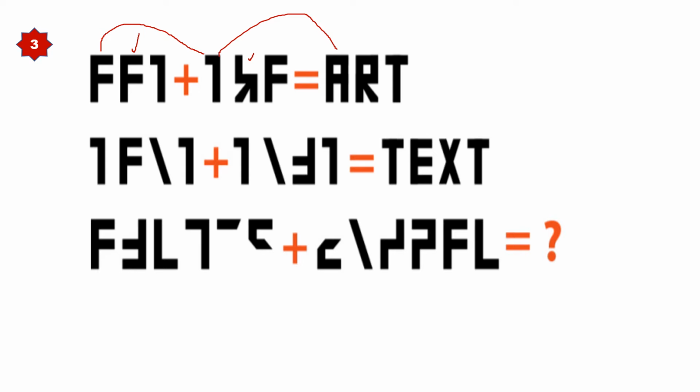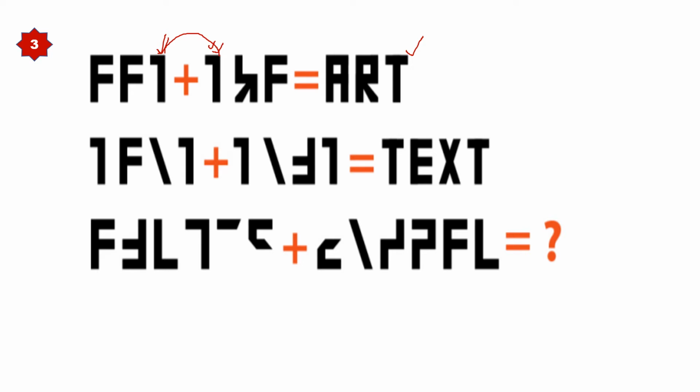Let's think again. Just think more. Mirror image of this and this. If we take this one and the mirror image of that item, it will form T.